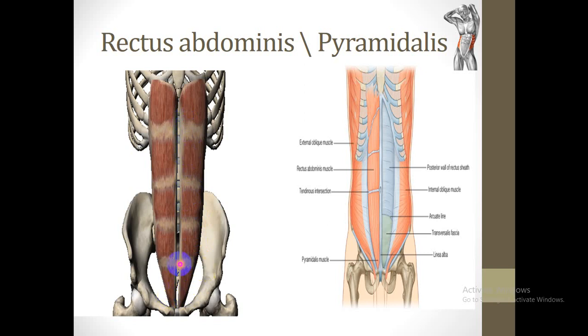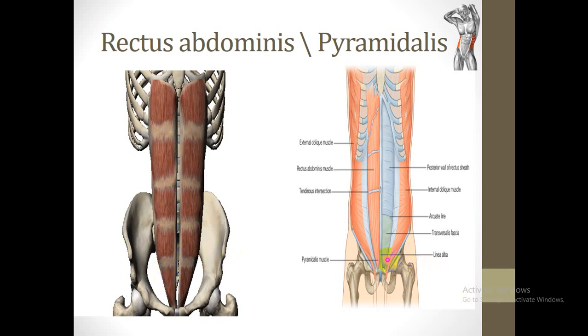It has 3 to 4 tendinous intersections in the rectus abdominis muscle, and as we said earlier, it is more obvious in well-developed rectus muscle in an athletic person.